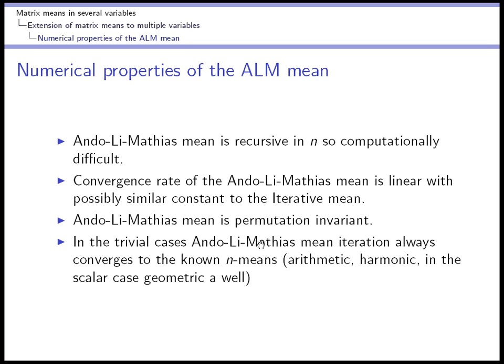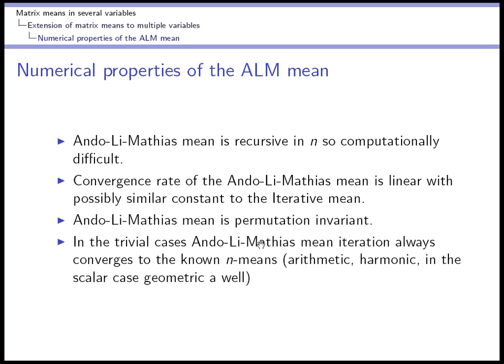Now, numerical properties again. The first property here is that the Ando-Li-Mathias mean, as we have said before, is recursive. Therefore, it is problematic for n greater than or equal to 4. So it is not so easy computationally, although it has a linear convergence rate, which is explicitly proved only in the geometric mean case.